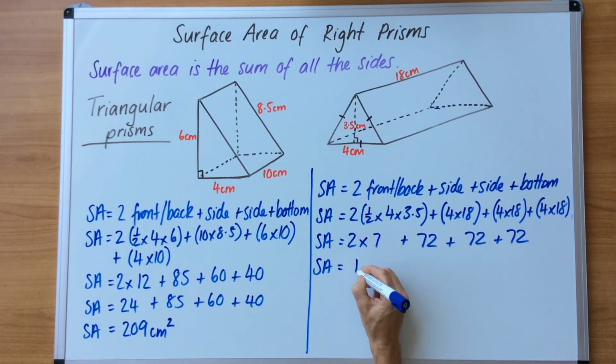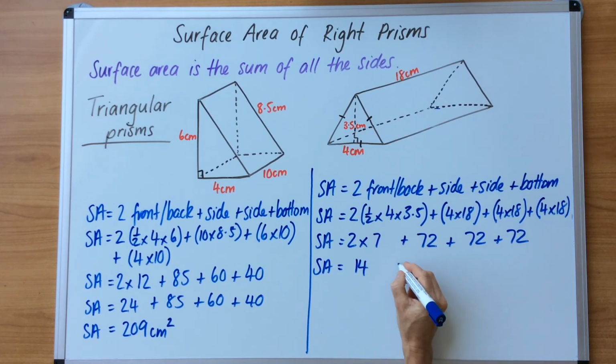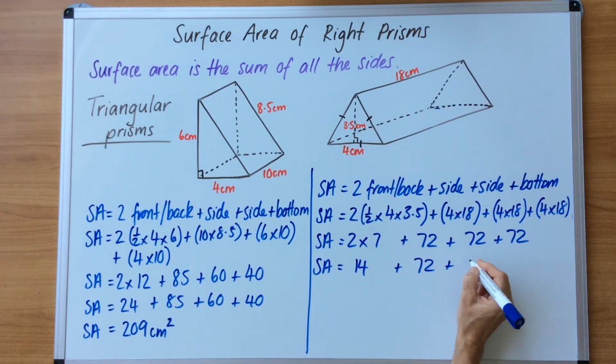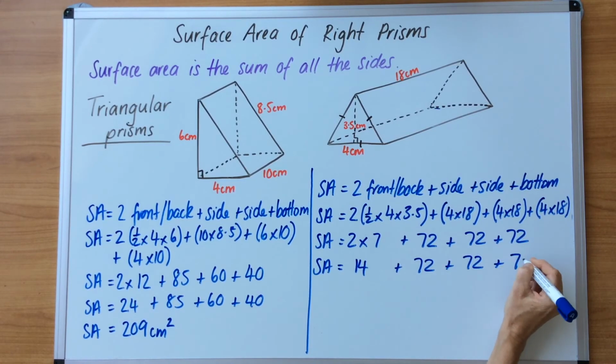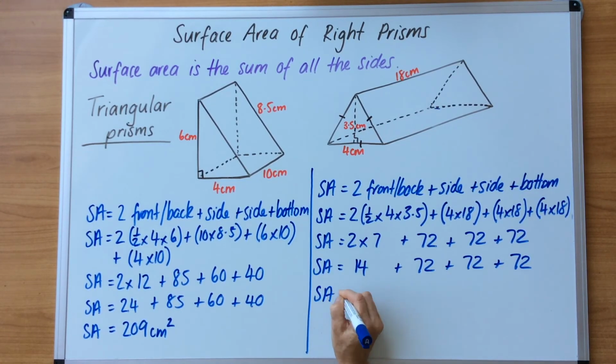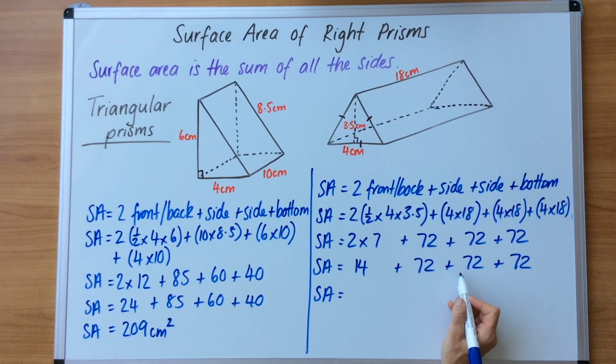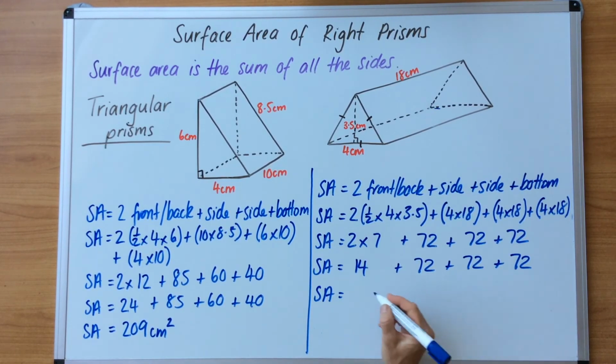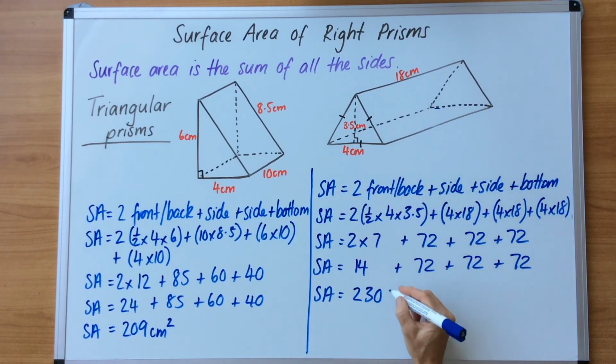So 2 times 7 is 14. We must do the order of operations, so multiplication comes first. And we simply drop these down, ready for the next line. Surface area equals 14 plus 72 plus 72 plus 72 equals 230. It's centimetres, so the units of centimetres go down, and it's area, so it's squared.